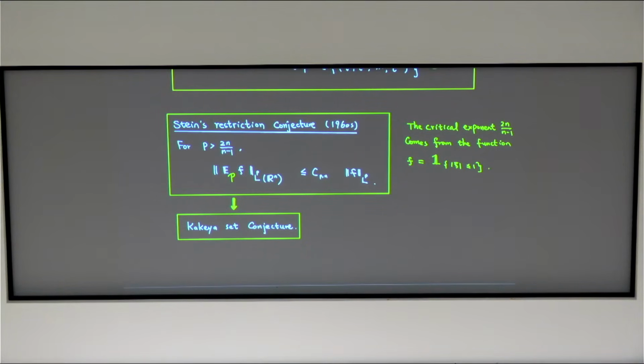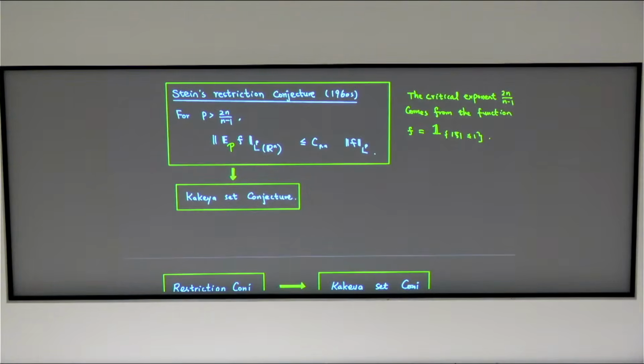But as long as we can show some range of p, let's say p greater than something, this range will correspond to a certain dimension of the Kakeya set. So even partial progress on Stein's restriction conjecture would imply some partial result on the Kakeya conjecture.